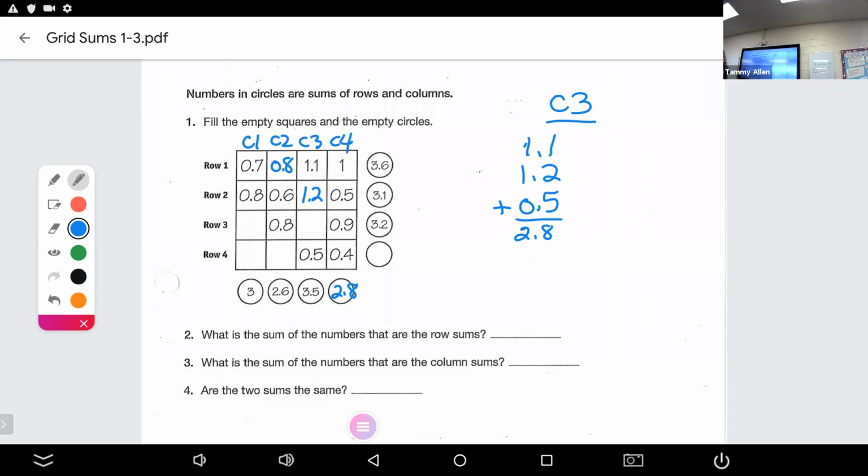Subtract it from column 3. Tyler? Everybody agree with that? Yeah.